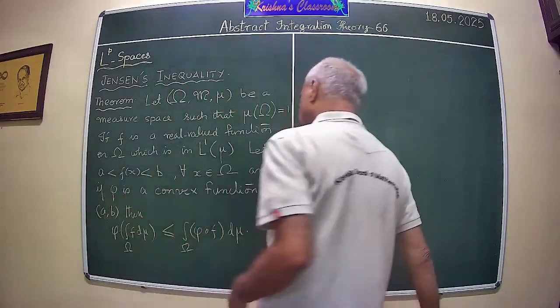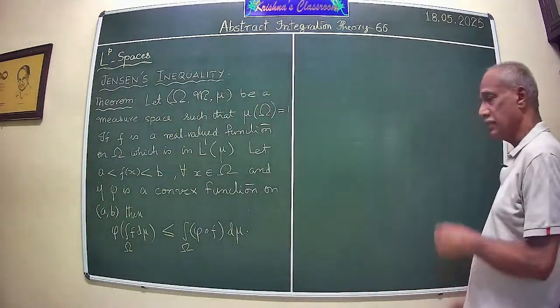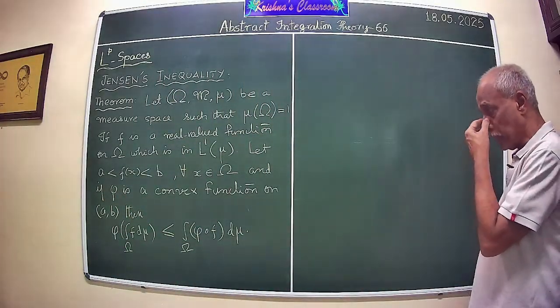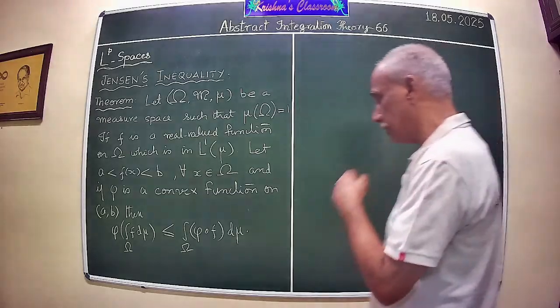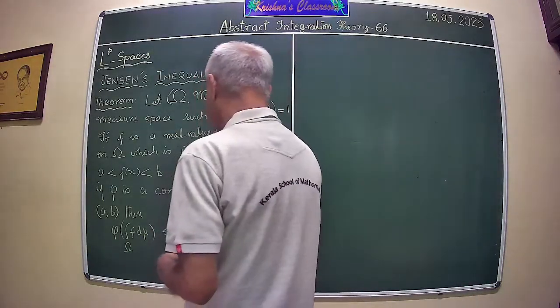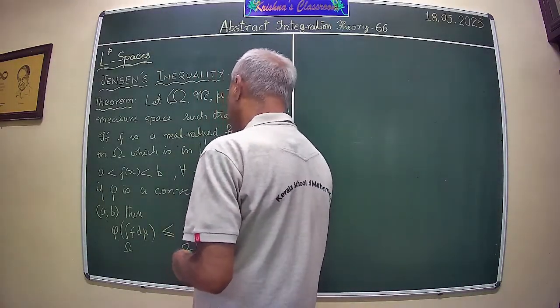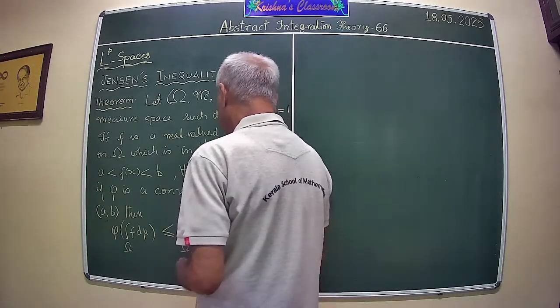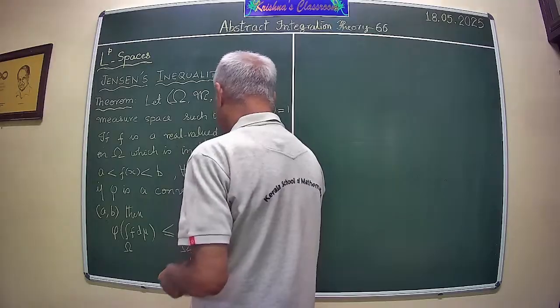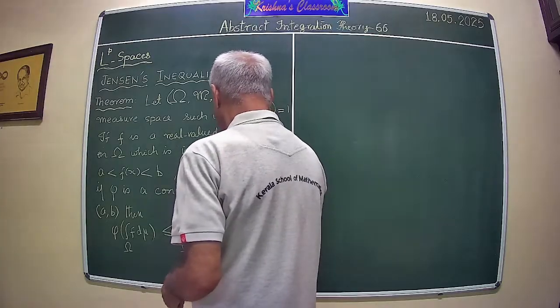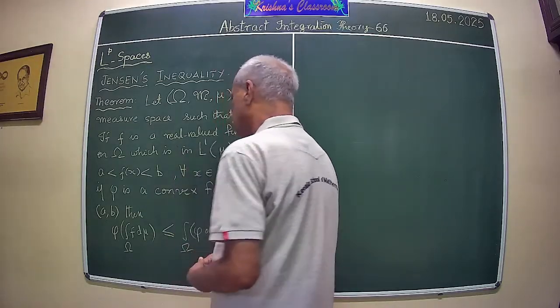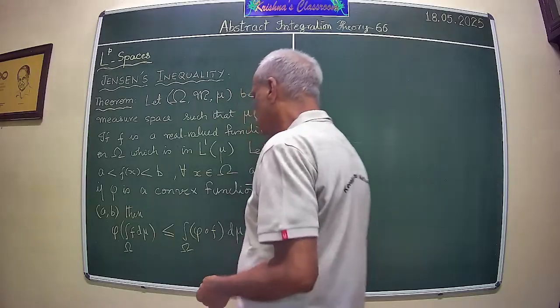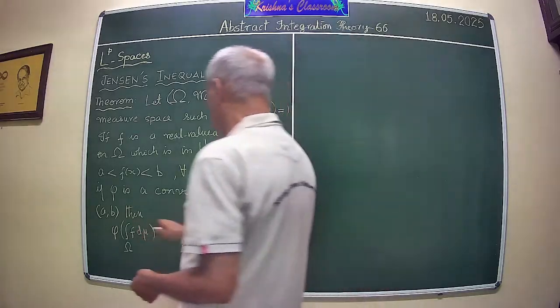So the left hand side is well defined, and the right hand side is, of course, you are taking phi composed with f as a function of x, then integrating this function of x with respect to mu over omega. Okay, so this inequality.